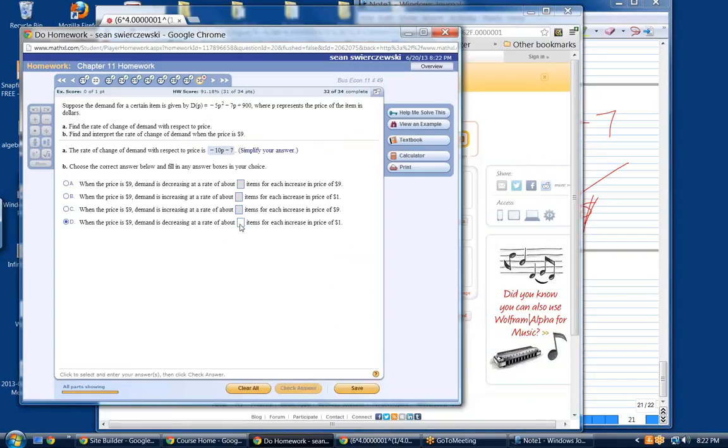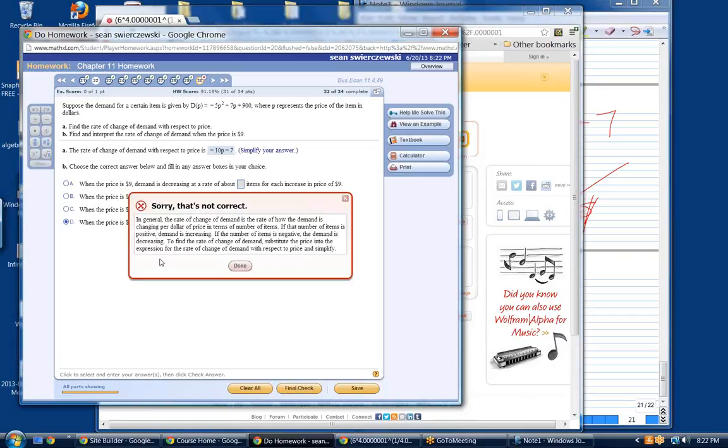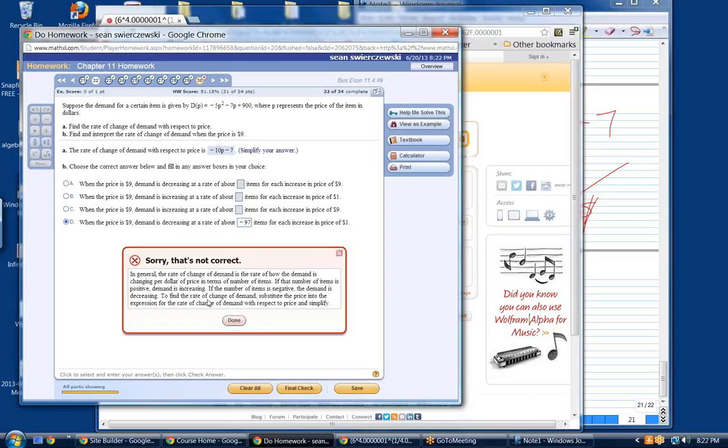I think it's minus 97. Yeah, that's the first thought I had. In general, the rate of change of demand is the rate of how the demand is changing per dollar of price in terms of number of items. If the number of items is positive, demand is increasing.